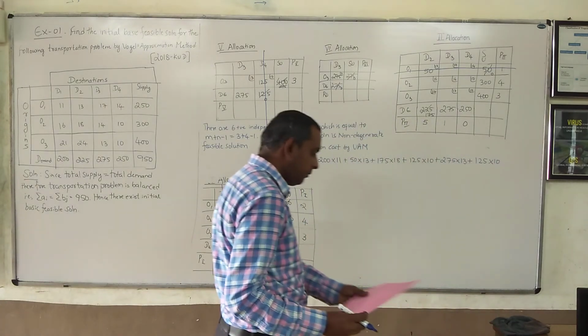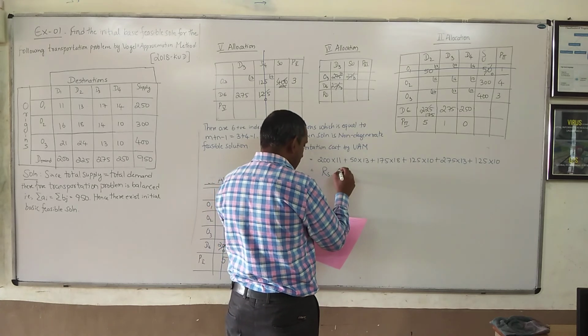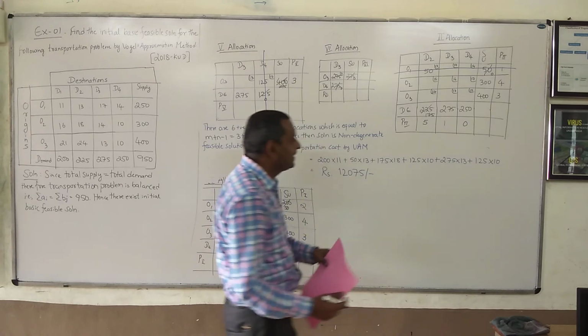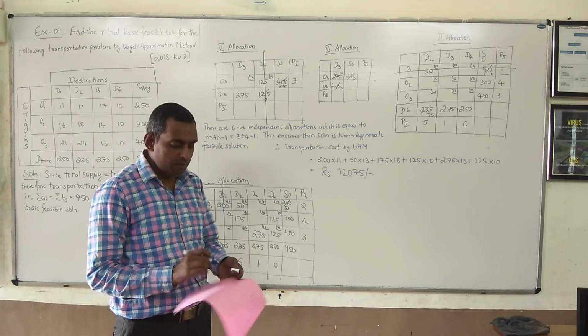Fine. So the total cost is rupees 12,075. This is by Vogel's approximation method.